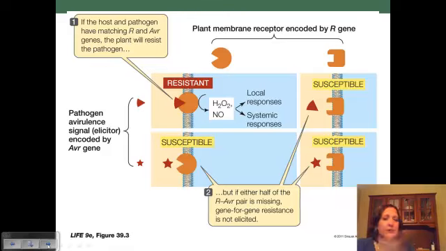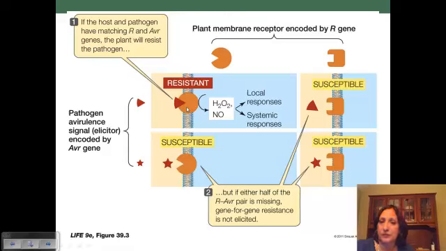And then there's another analogy with us. They don't have antibodies, but they do have genes that produce membrane proteins, and they call these R genes, or resistance genes. The pathogens are producing avirulence genes, or AVR genes. Now, if the pathogen's AVR gene matches the R gene of the plant, the plant will be immune to that particular pathogen.